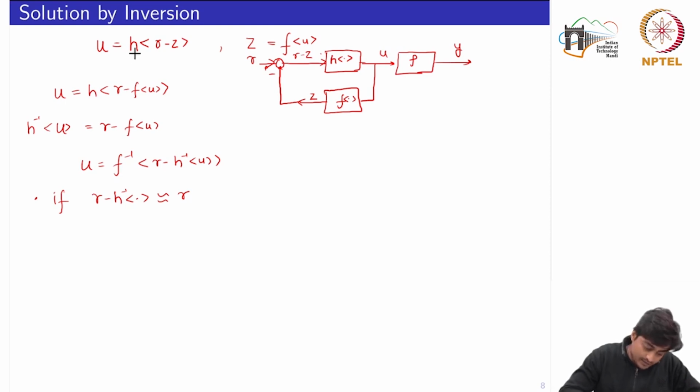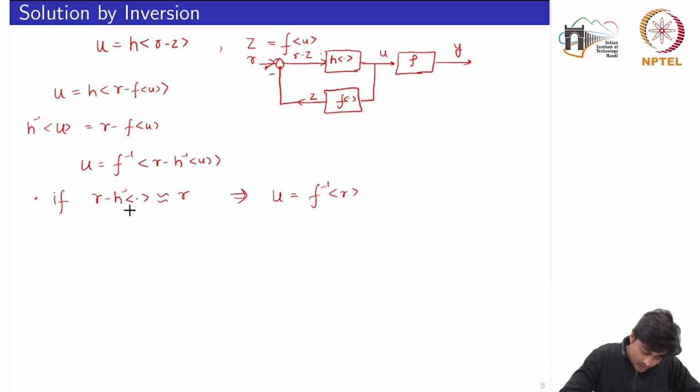Now the user can define the function h such that r minus h inverse of some function becomes equivalent to r. Then in that case it implies that you would have u is equal to f inverse of r. Here we assume d is equal to 0 for the moment, because the major problem in the previous solution was the inverse of the function itself.